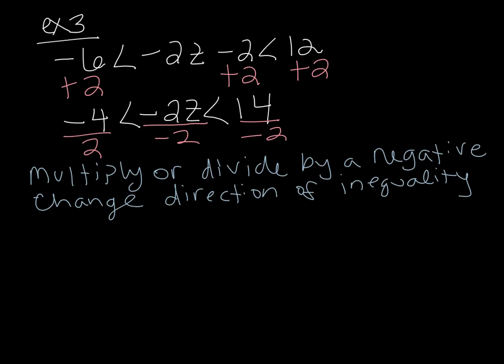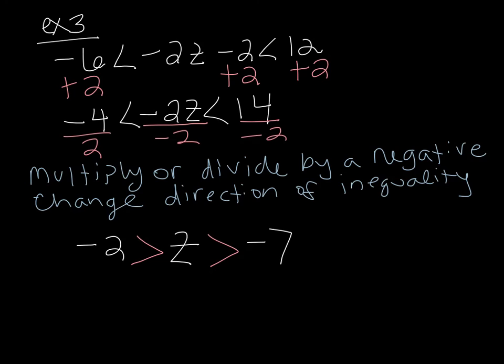So what this means then is that on our left-hand side, negative 4 divided by negative 2 is negative 2. Now, I change the sign. Right here, it has to become greater than. Okay, z, and then greater than a negative 7. So now I'm saying that negative 2 is bigger than z, which is bigger than negative 7.